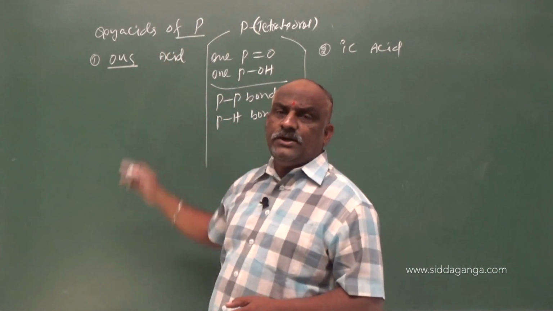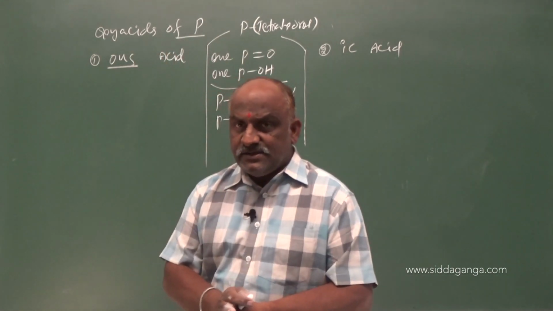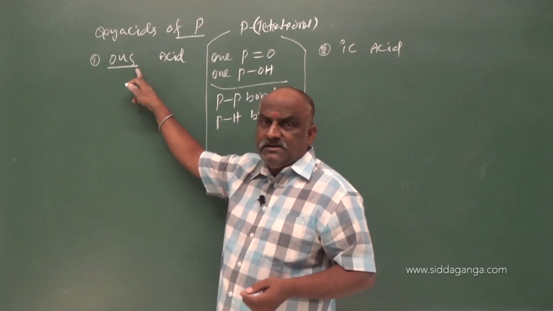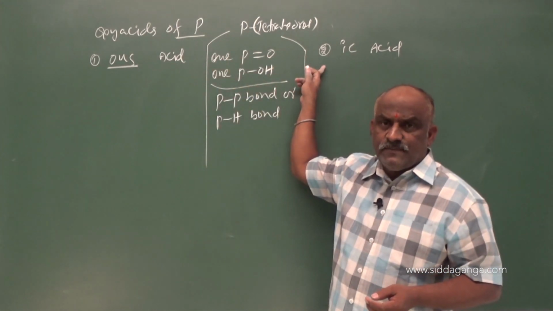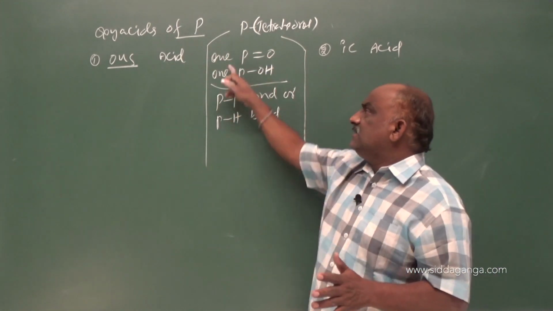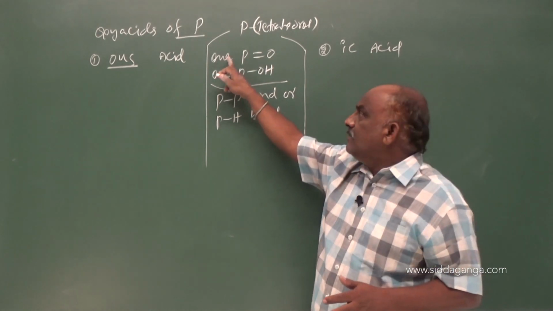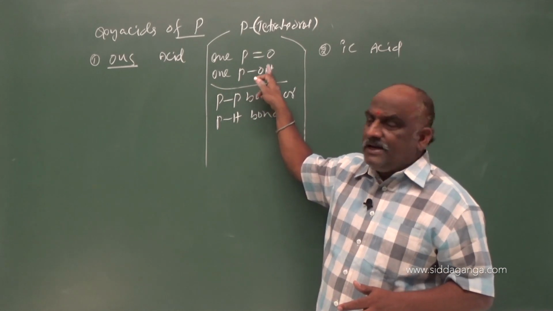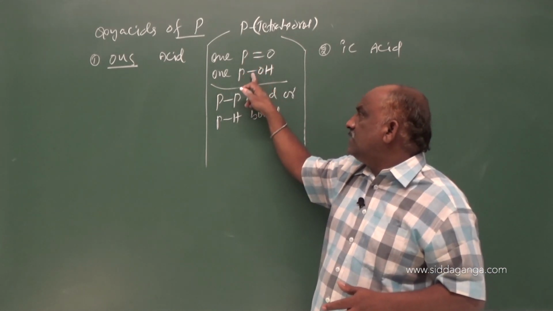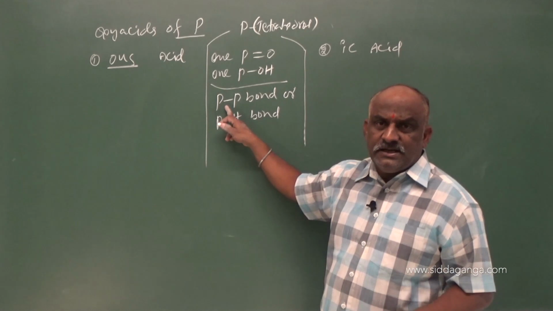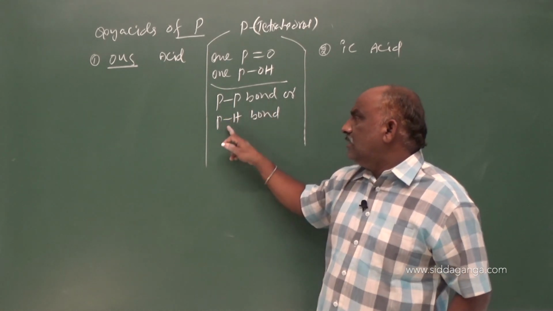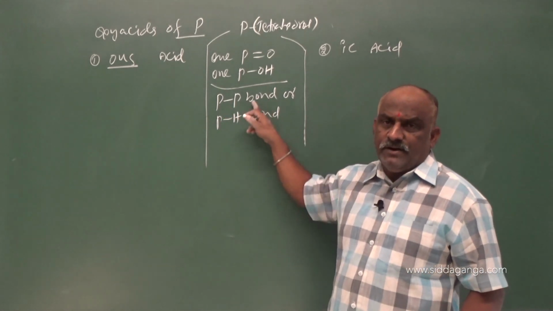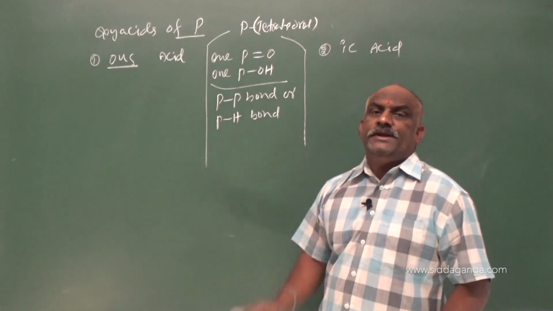Oxyacids of phosphorus form two types of oxyacid series: one is the ous acid series, the second is the ic acid series. In any series, these are the common conditions: compulsory one P=O bond, one P-OH bond. If necessary, it requires a P-P bond or a P-H bond, any one.